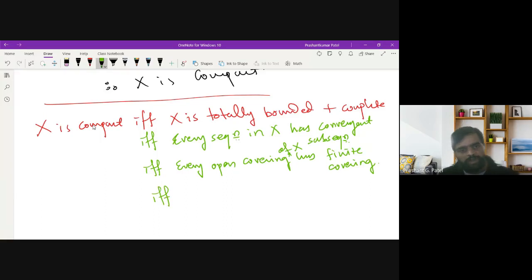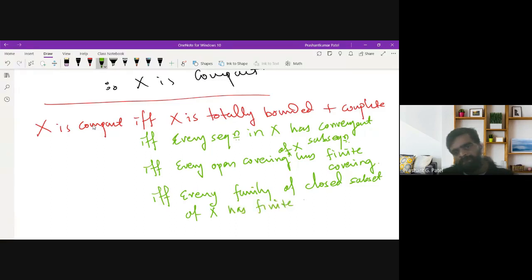The fourth statement that we can say is every family of closed subsets of X with the finite intersection property has non-empty intersection.